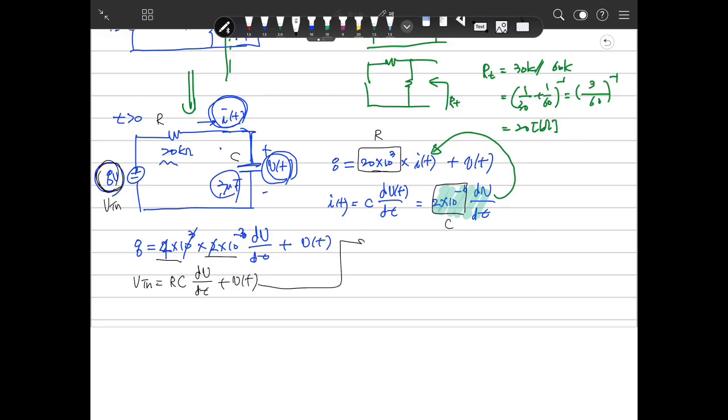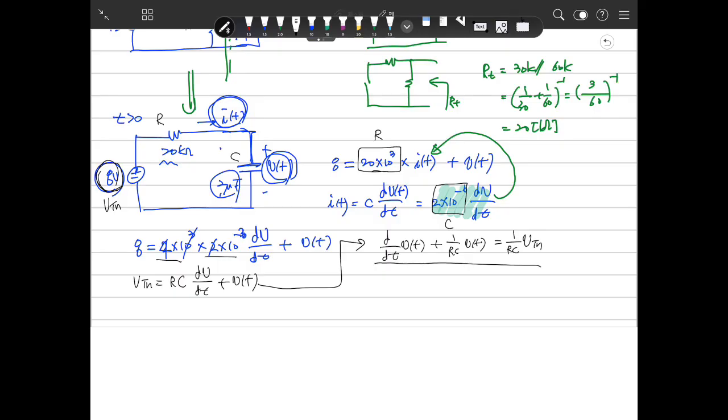So based on here, we can write the equation as dVT/dt plus 1 over RC VT is equal to 1 over RC V in. So we got it.